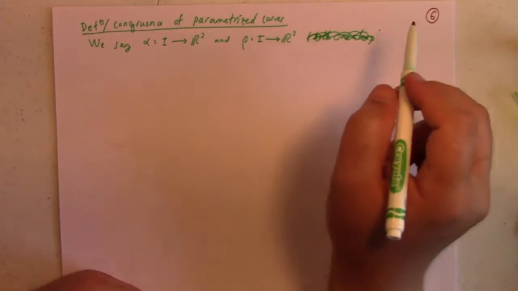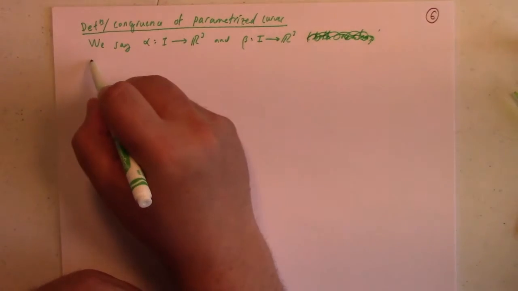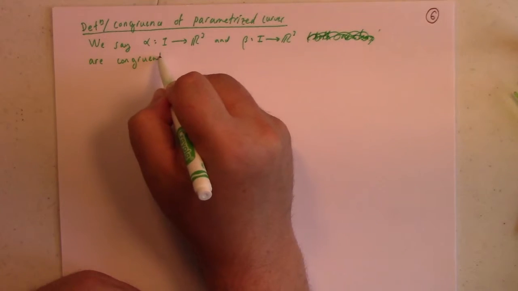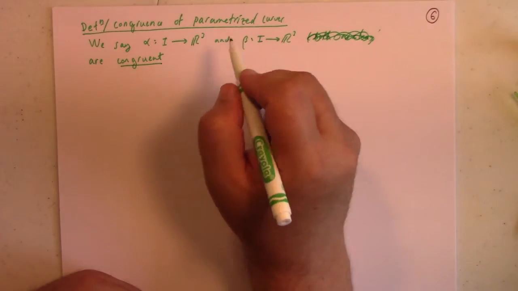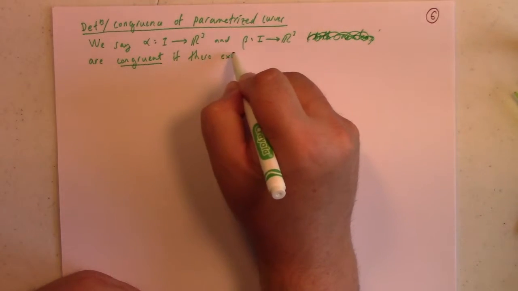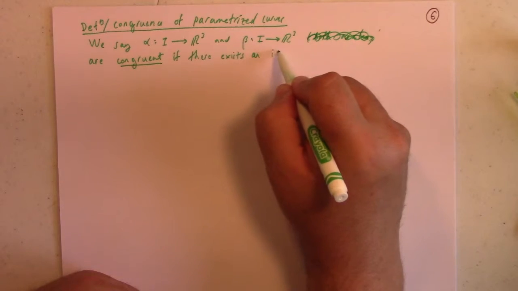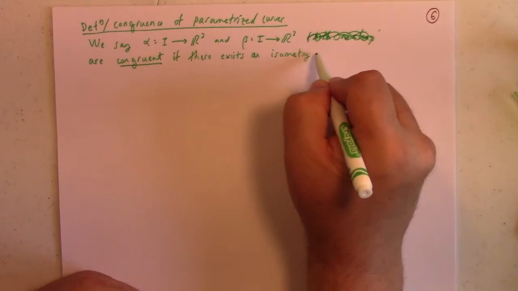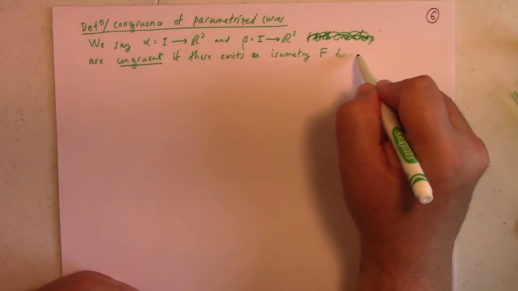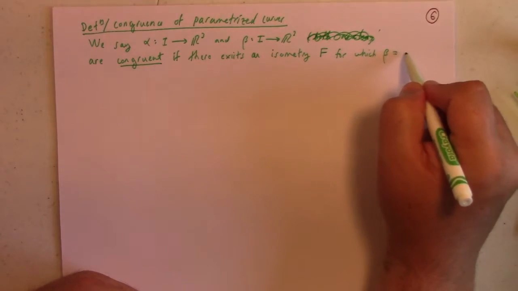I do assume they have the same domain. All right. These are congruent if there exists an isometry F for which beta is equal to F composed with alpha.